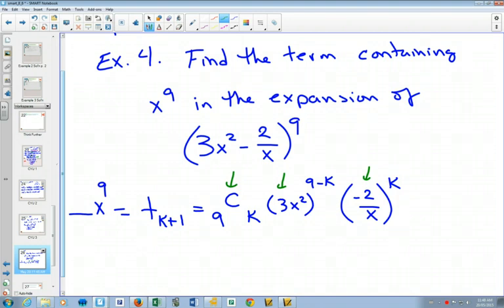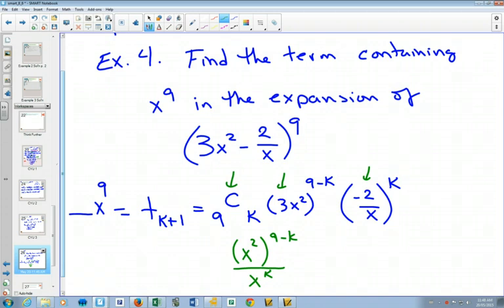If we just looked at the x's, what do we have? We have an x squared right here. That's to the power of 9 minus k. And we have an x on the bottom that's going to be to the power of k. Let's try some values of k.